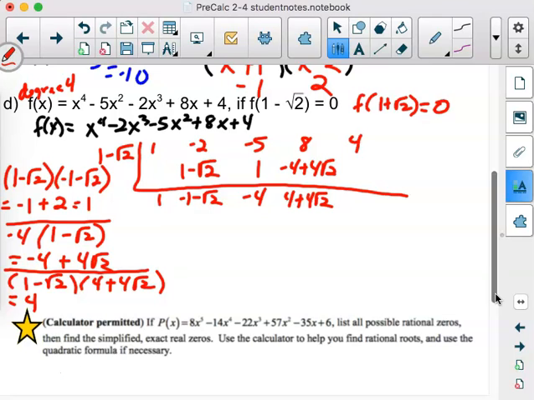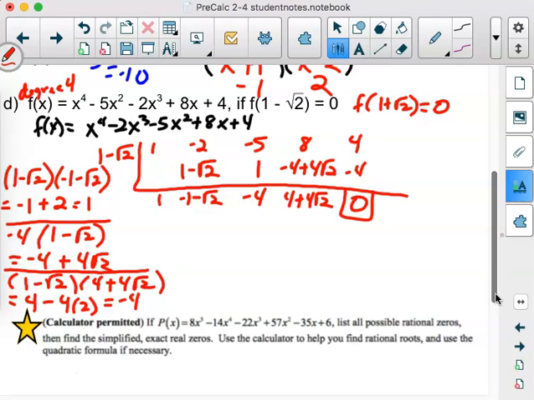So let's see. 4 square roots of 2, -4 square roots of 2. It does. Last times last will be -4, and then we'll have the square root of 2 times the square root of 2, which is the square root of 4, which is 2. And it'll be 4 minus 8. Woohoo! Yes! -4.